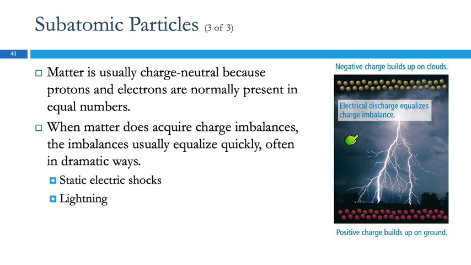Lightning happens during storms when negative charge builds up on clouds and positive charge builds up on the ground. Nature doesn't like this separation of charge. And so when it gets to a point, it will equalize and we'll have this electrical discharge that causes the clouds and the ground to equalize in their charge.